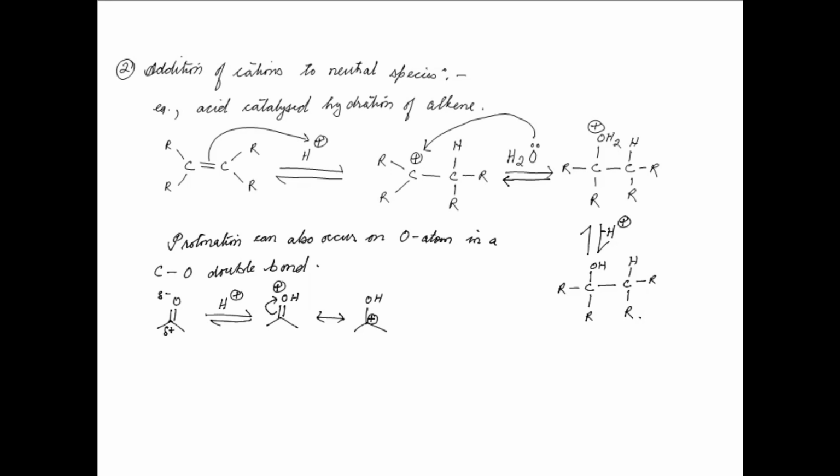So this is how a carbocation can also be generated. Also, for example, if you have an acetone, and then you react this with sulfuric acid, then what it will give is a carbocation plus HSO4 minus.